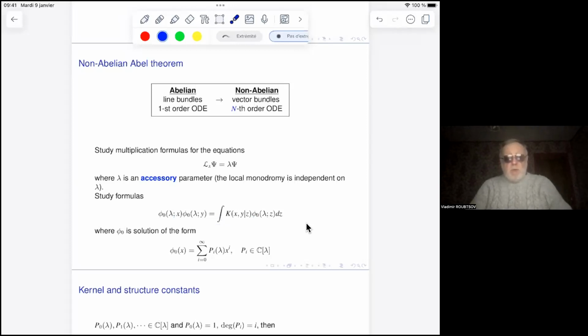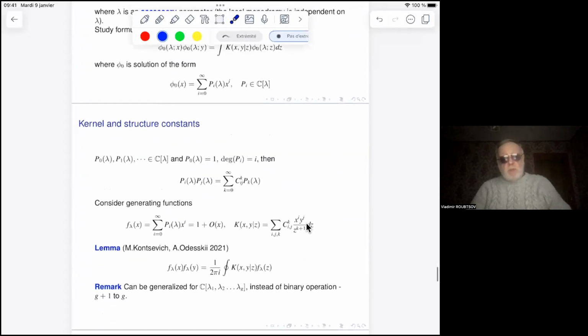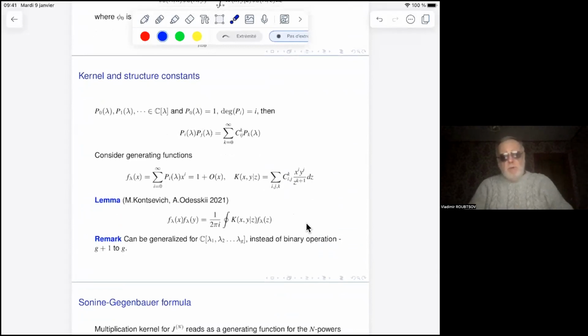So we write this solution in terms of these generating functions. The coefficients of the generating functions will be polynomials in my accessory parameter. And then the recipe for how to find such a kernel was proposed in a beautiful, simple lemma of Kontsevich and Buchstaber. We will introduce the structure constants, which define some algebra structure on the coefficients of my generating functions.